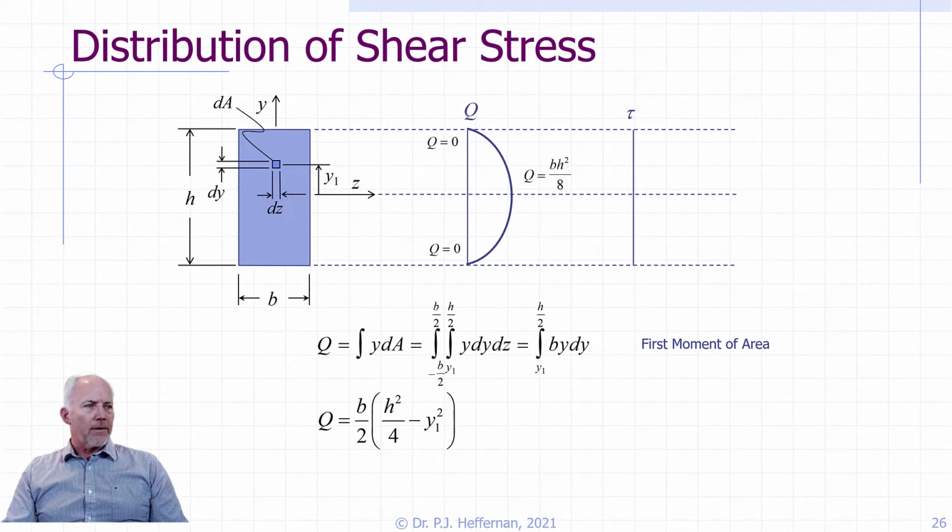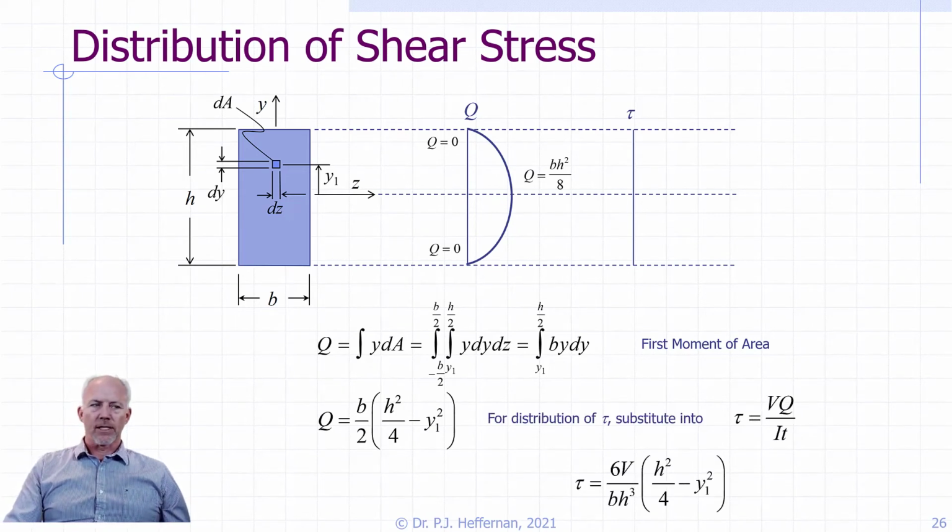We plotted it out, and this was done before. So Q is equal to this distribution, where it's a maximum at the neutral axis of bh squared over 8 and 0 at the extreme fibers. And so if we take our formula from the previous slide, so tau equals VQ over It, and we substitute in Q for that, we come up with another formula in terms of V, b, h, and y that we can use to plot tau.